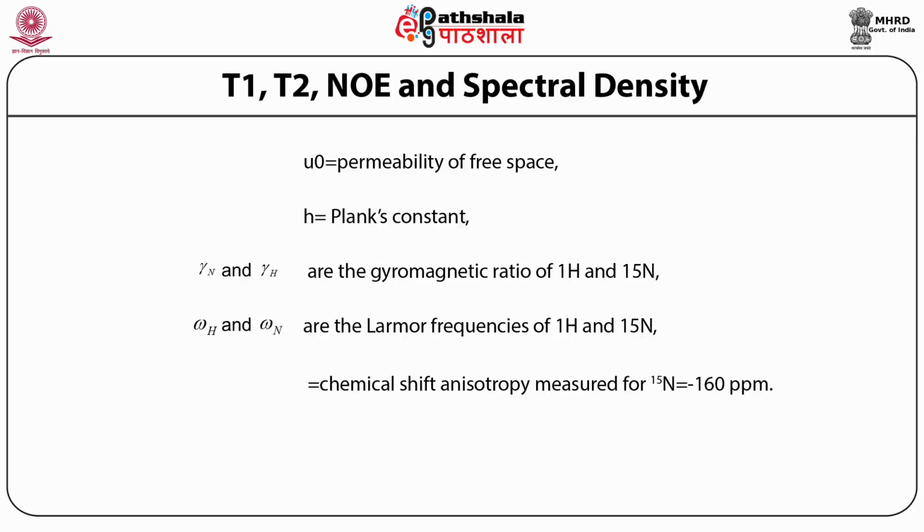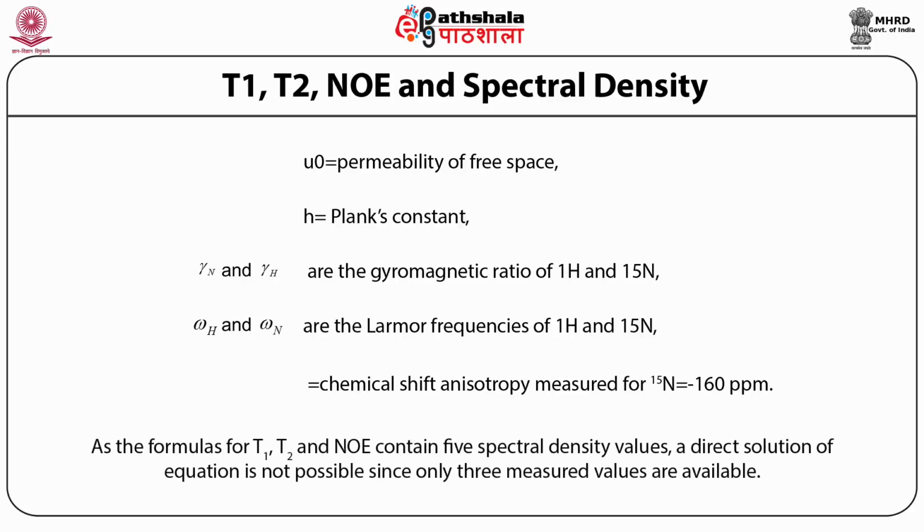Now you can see that the formulas for T1, T2 and NOE contain 5 spectral density values, so a direct solution of the equations is not possible since only 3 measured values, that is T1, T2 and NOE, are available.